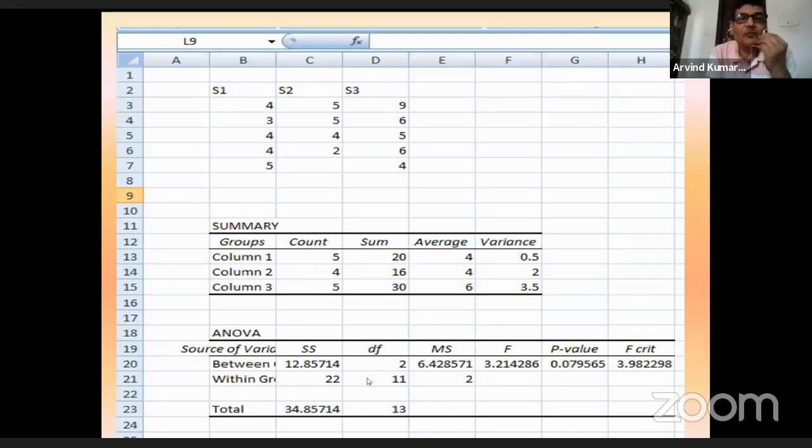I have put exactly the same values here, and you can see the 3 columns and their counts. The sum of the first column was 20, second 16, third 30. Their averages are 4, 4, and 6. And we observe that there is insignificant difference between 4 and 6. So this is our final conclusion, that the fishes collected from these 3 ponds do not differ in their average mean size.